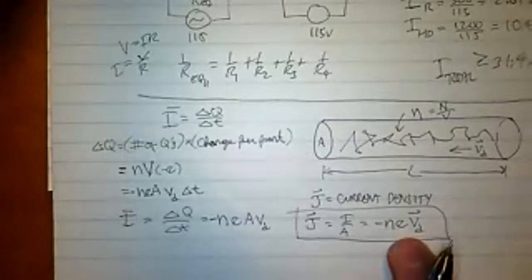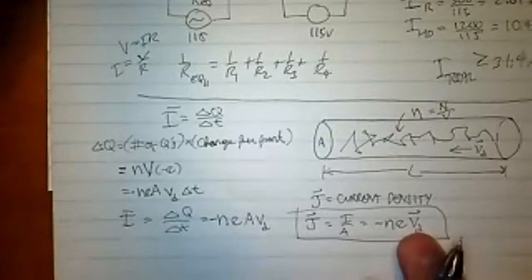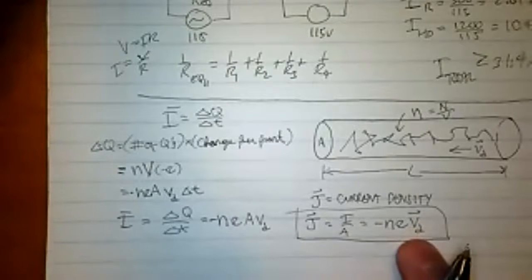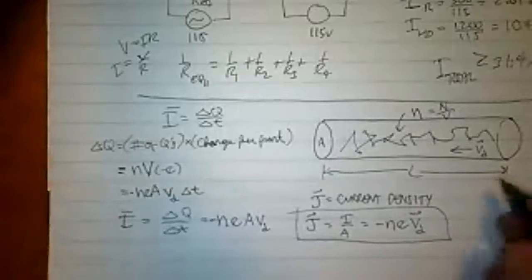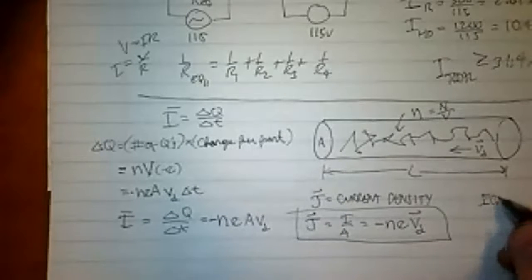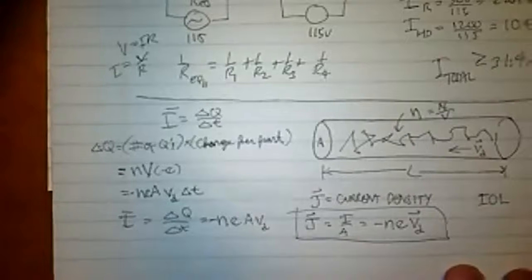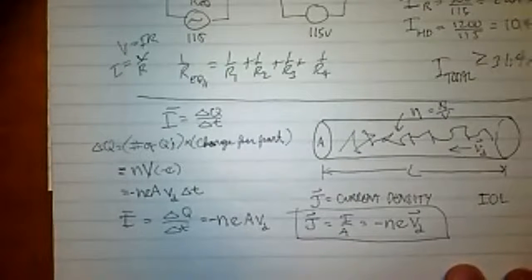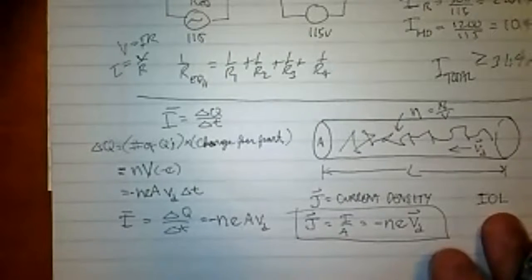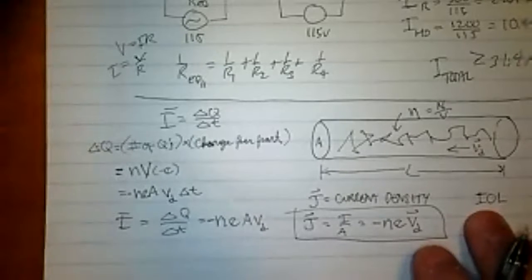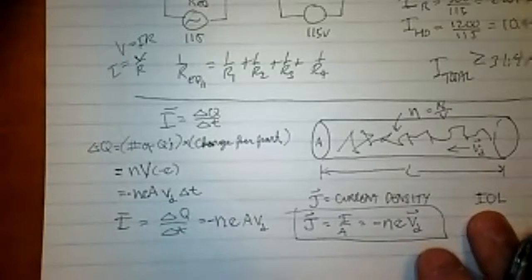So we can use this now to calculate, for a given current and a given type of wire, what this drift velocity is. And if you've ever watched the movie Arthur, one of the apartments he was looking into renting had IOL, and they didn't know what it was.